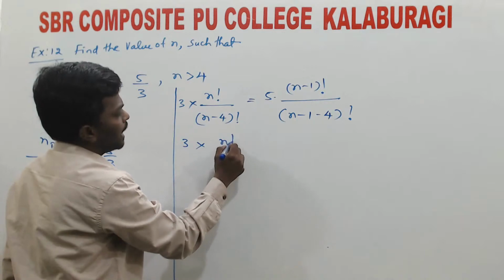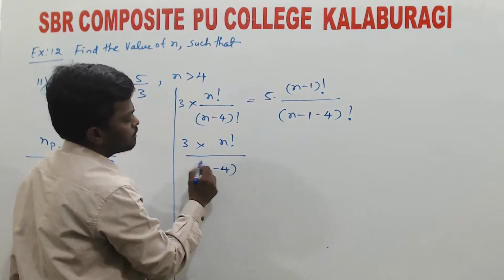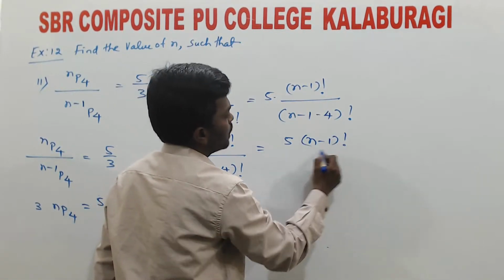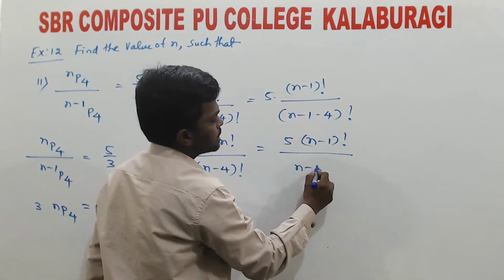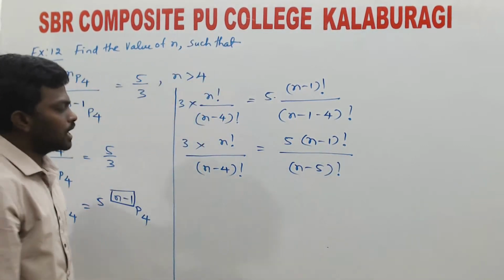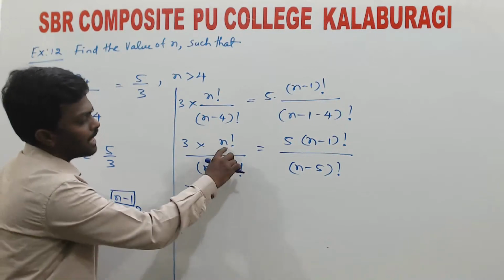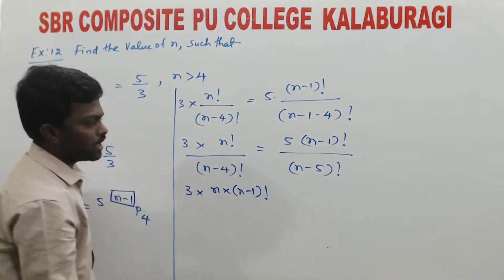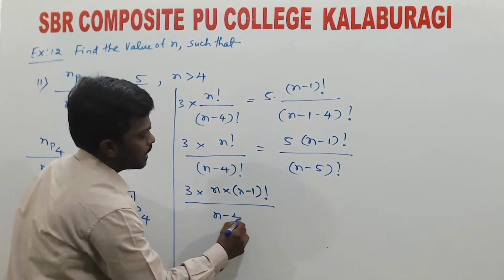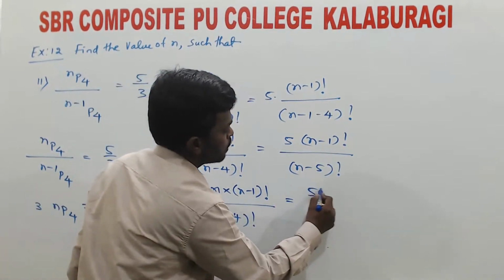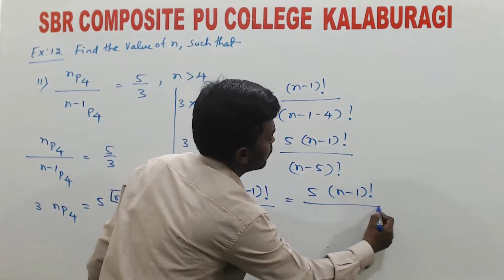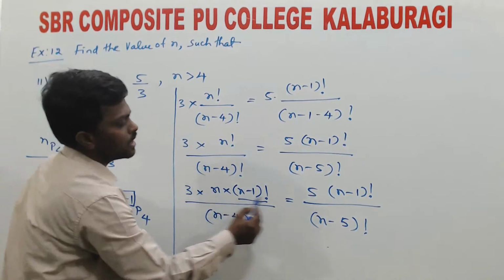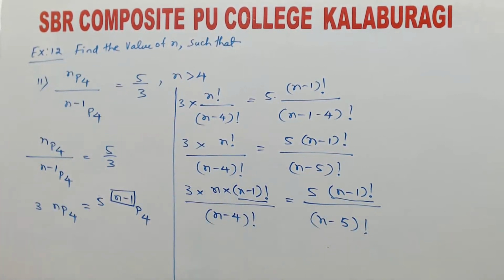So 3 into n factorial divided by (n minus 4) factorial is equal to 5 into (n minus 1) factorial divided by (n minus 5) factorial. Now if you observe, can I write n factorial as n into (n minus 1) factorial, right? Okay, so this term and this term get cancelled.